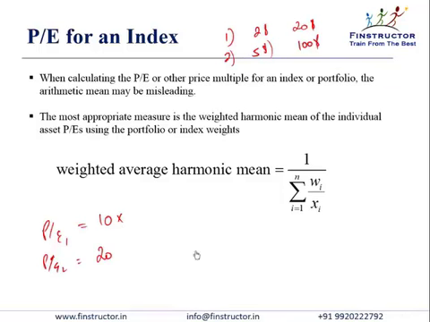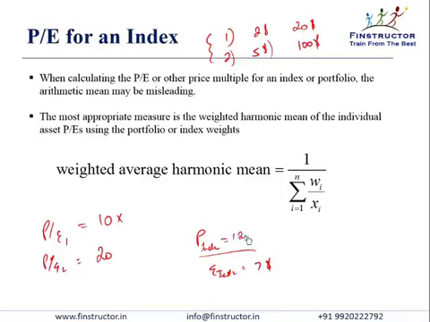If we compute the P/E for the index, then let's assume that this is all that our index was. Both stocks are an equal weight, or 1 share of each. Then the earnings expected from the index are 5 plus 2, $7, and the price of the index would be 100 plus 20, $120.